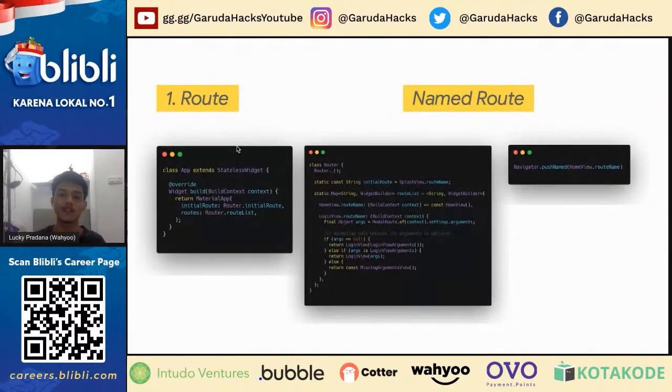Flutter has other choices of routes where you can customize the animation of your navigation, and you can pass data using the navigator without naming the route like that. But I just suggest you use named routes to make it easy.